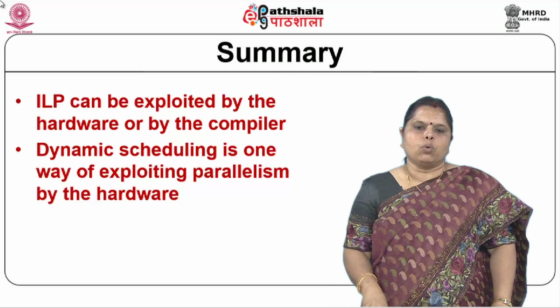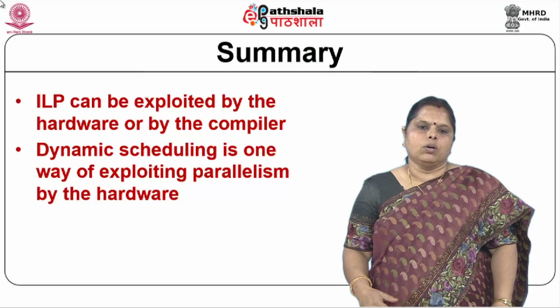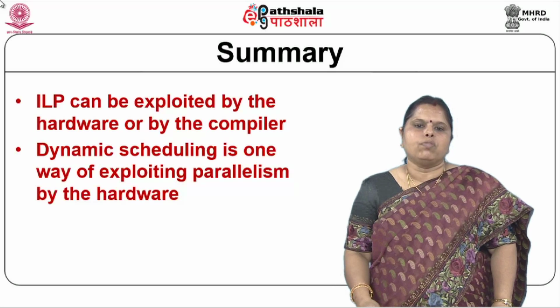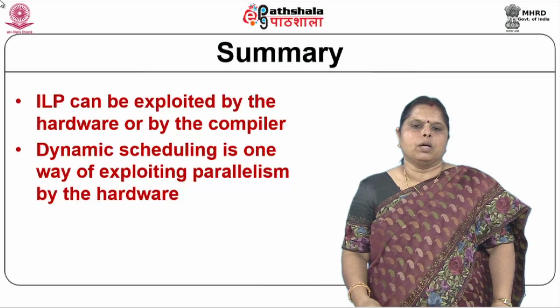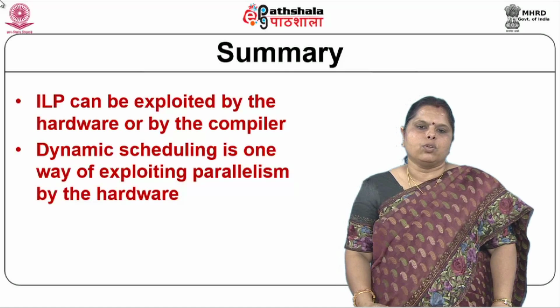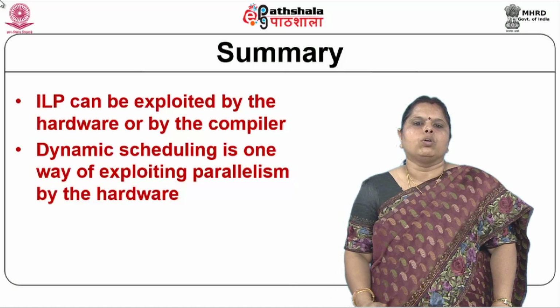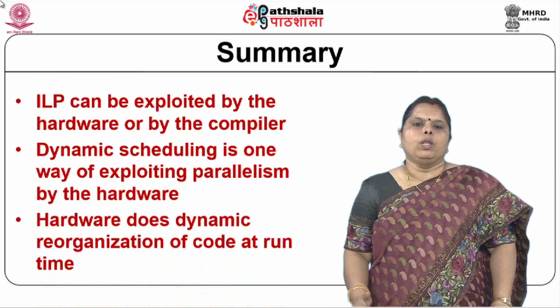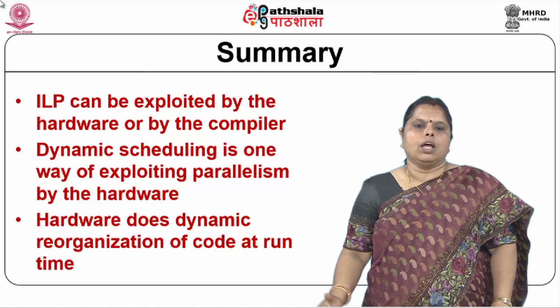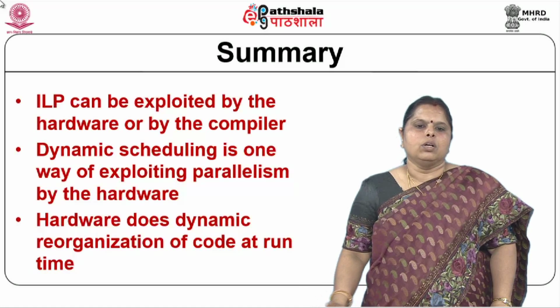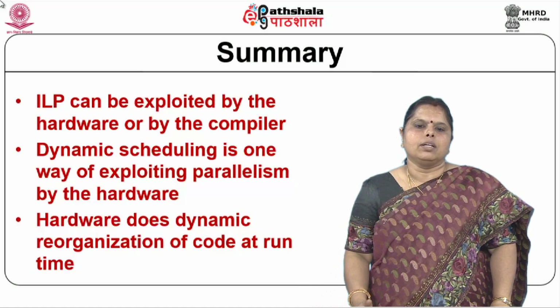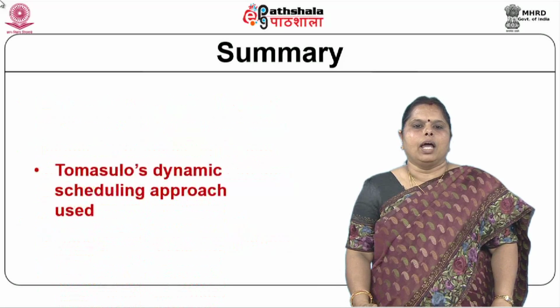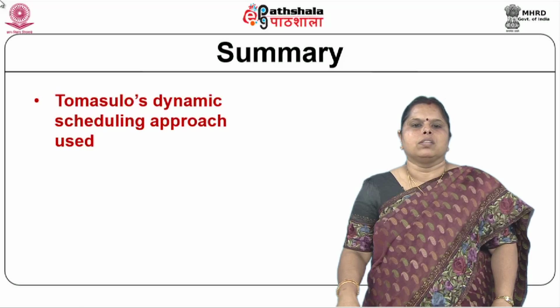Dynamic scheduling is one technique where we try to execute the instructions out of order as soon as the operands become available. Out of order execution will also give rise to out of order completion. So, we look at in order issue, out of order execution and out of order completion. Dynamic scheduling basically does dynamic reorganization of code at runtime and makes sure that no hazard happens.